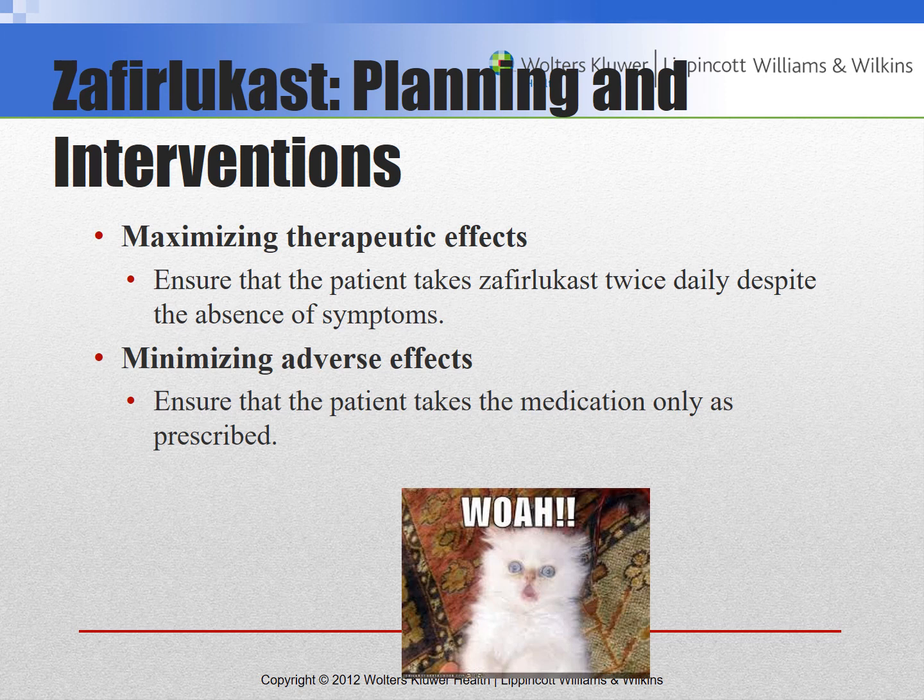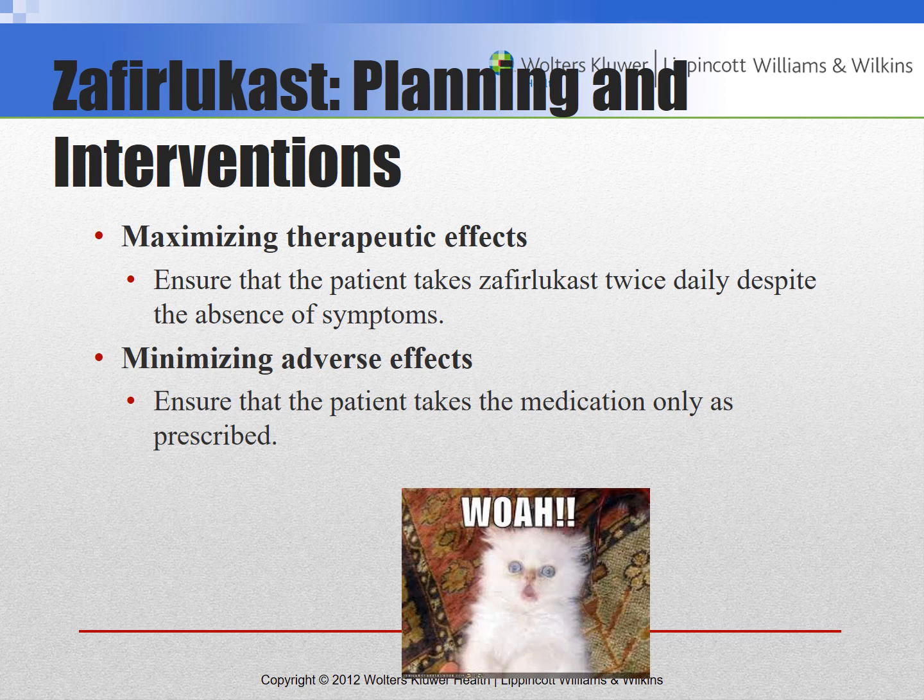Maximizing therapeutic effects, we want to ensure that the patient takes Zafirlukast twice daily despite the absence of symptoms. That would be the reason why Singulair or Montelukast has become more common, because it's only taken once a day. Minimizing adverse effects, we want to ensure that the patient takes the medication exactly as prescribed.